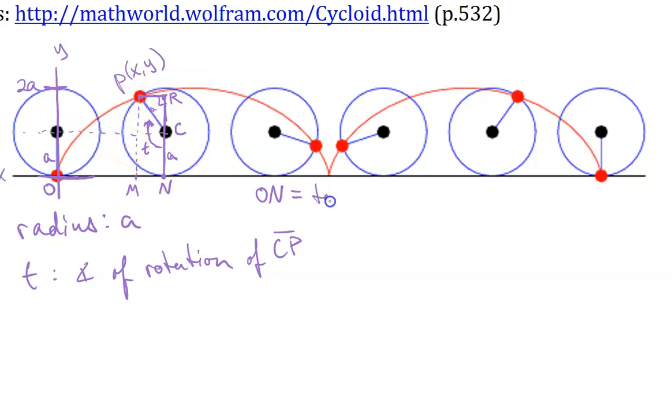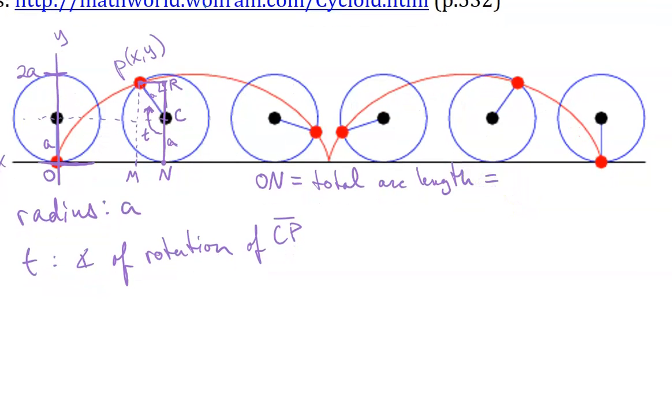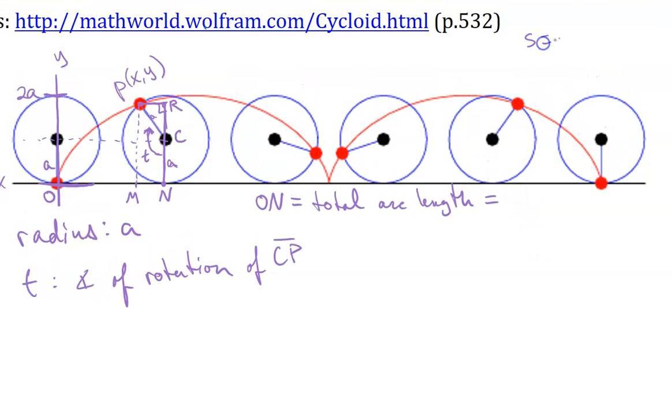Let me write that in words. This is the total arc length, and arc length we know to be S equals r theta. Arc length is radius times the angle. So the radius is A and the angle of rotation is T, and that's the total amount that we have rolled.